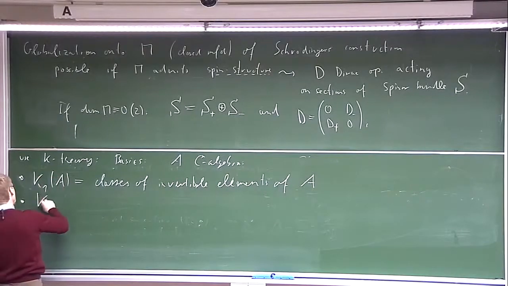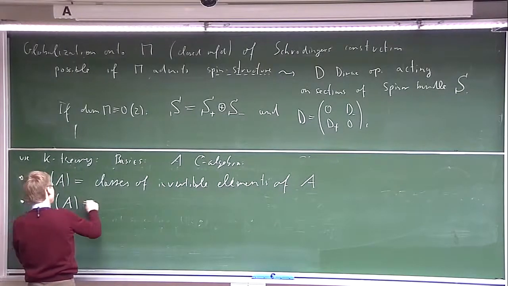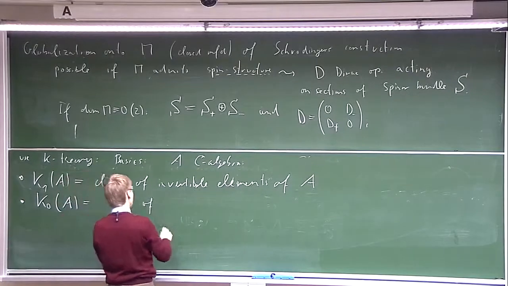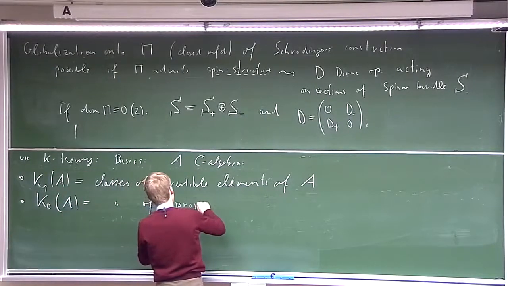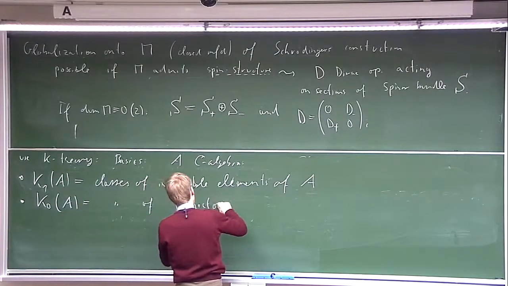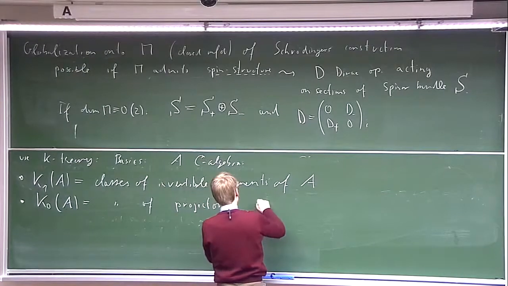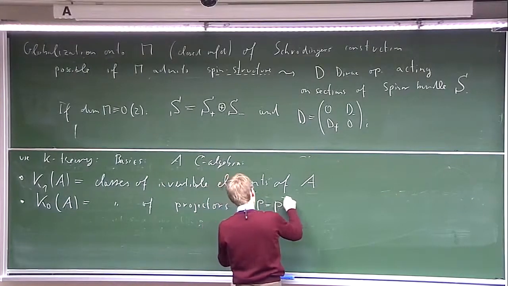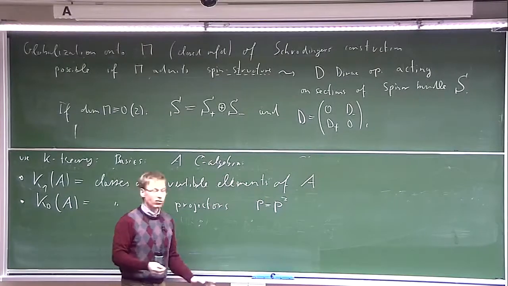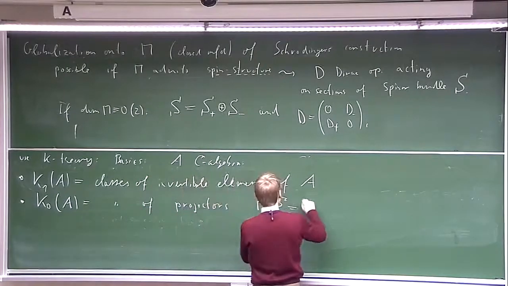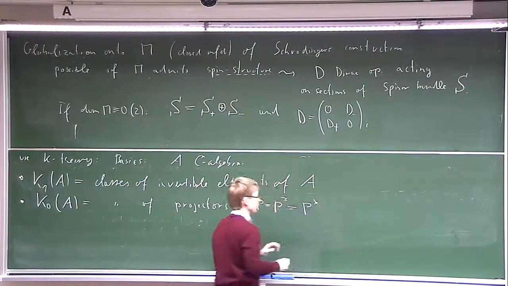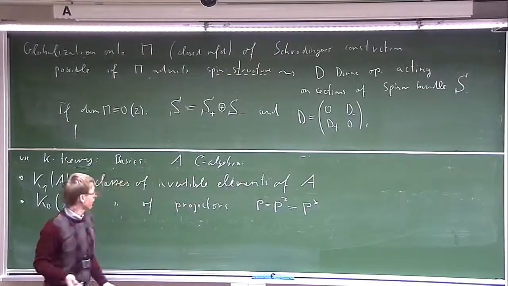And we have a second group, which is called K0 of A, which is classes of projectors. So projectors are things which are equal to their own square, and in a C-star algebra, they have a star, which are also self-adjoint. These are orthogonal projectors. Okay?